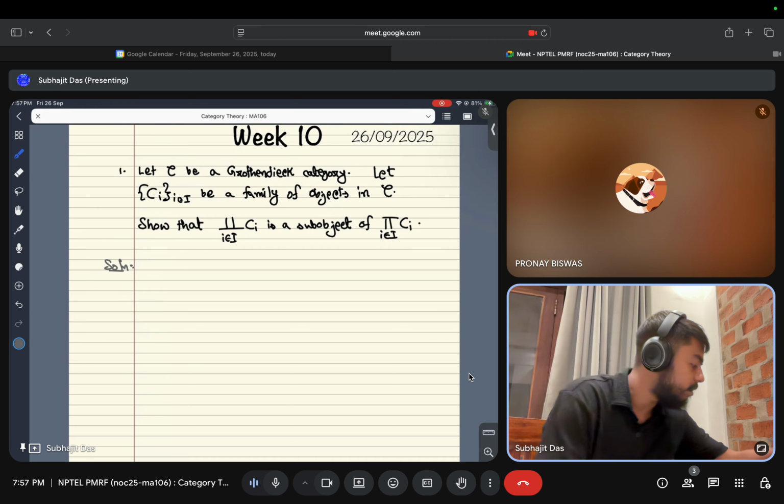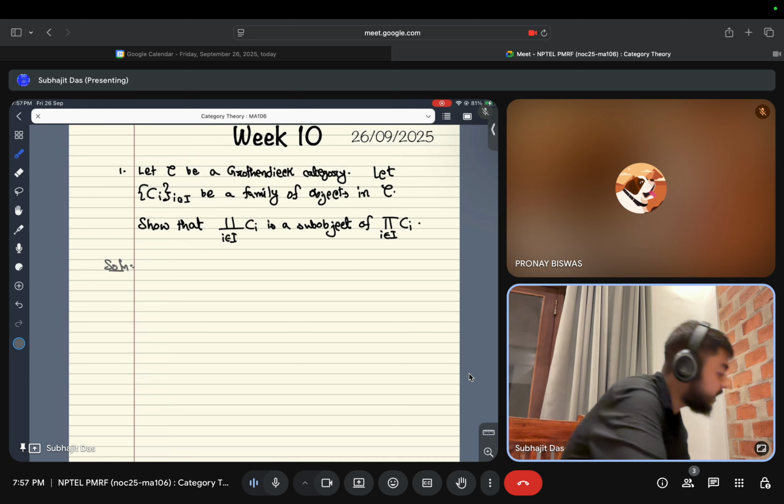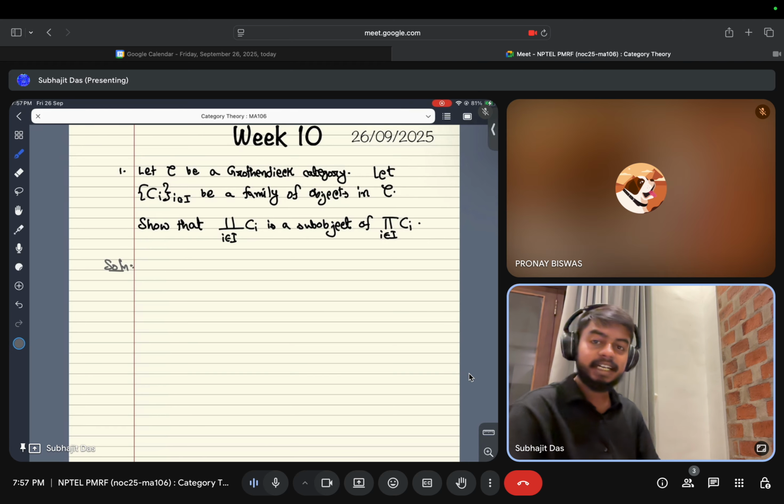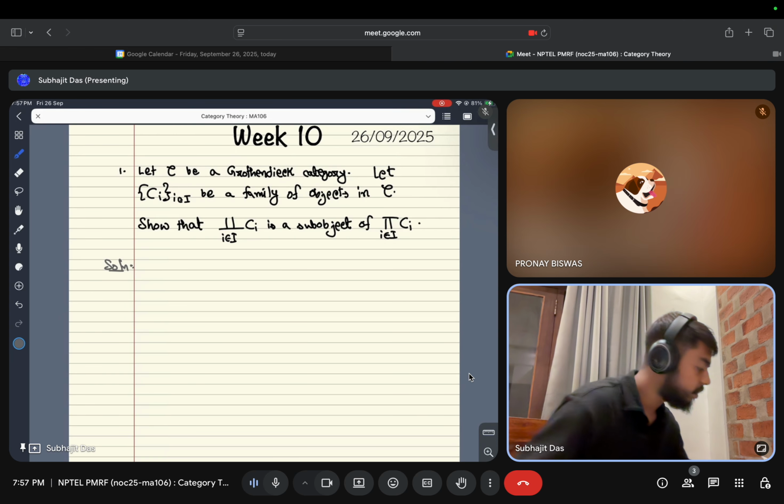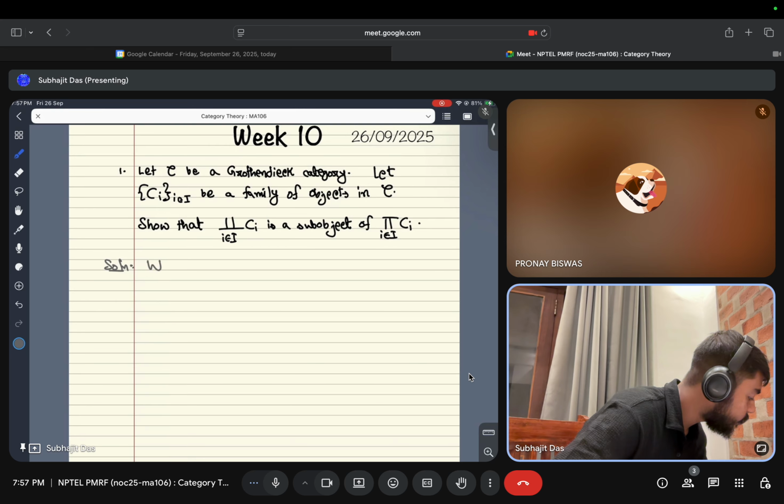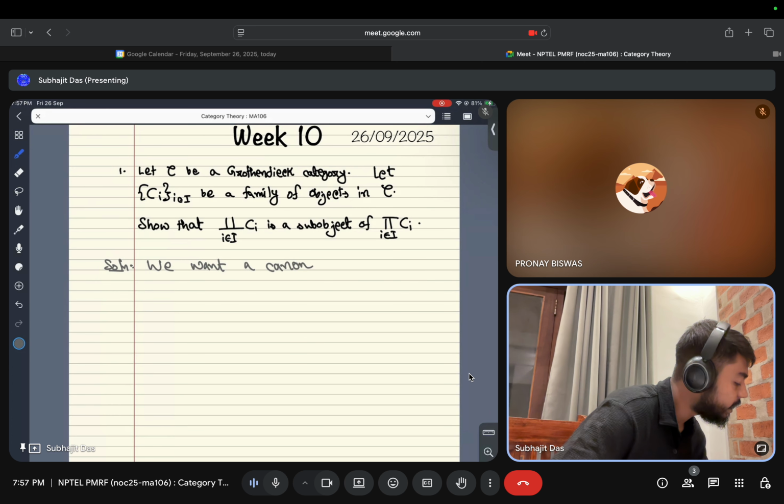Is there a canonical map from the coproduct of the Ci's to the product? Then we can attempt to show that that map is a mono, and since we want to show it's a mono, the zero map is already out of the picture. So we want a canonical map. I don't really like using the term canonical.